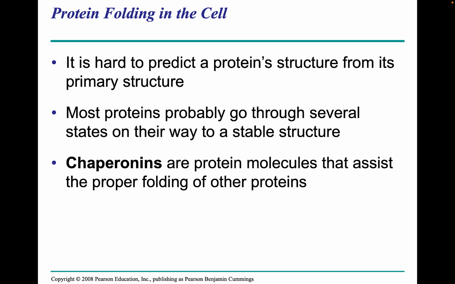Eventually they figured out that these molecules assisted in the proper refolding of the proteins that were denatured by the heat. And they're there all the time. It's not like they're only there when they're heated. They're there when proteins are normally produced. So rather than calling them heat shock proteins, they started calling them chaperonins.